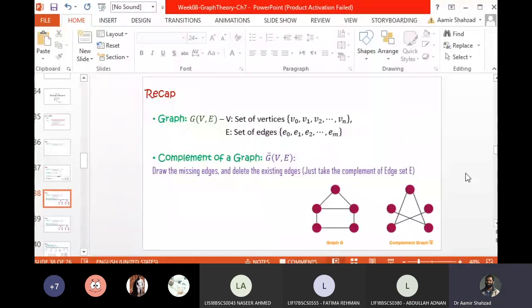Just as with a set, what is the complement of a set? Can anyone tell me what the complement of a set is?